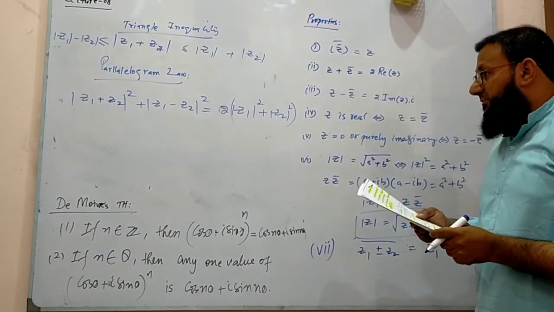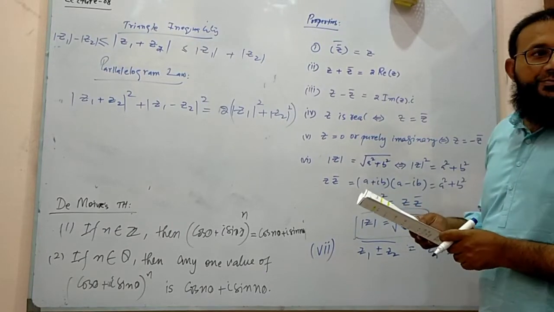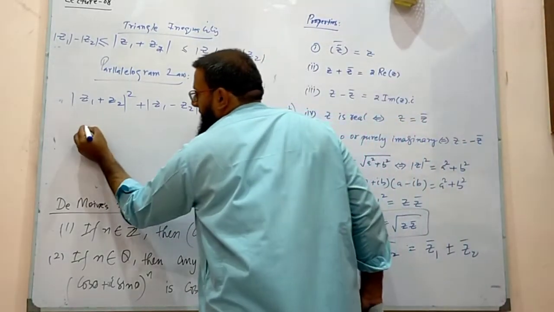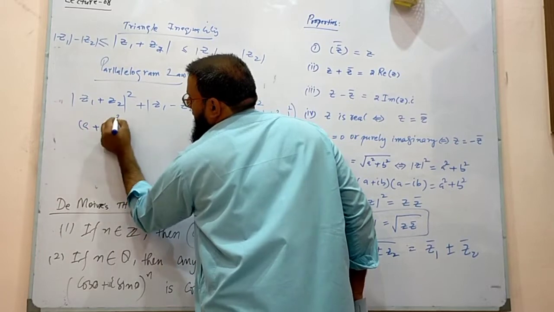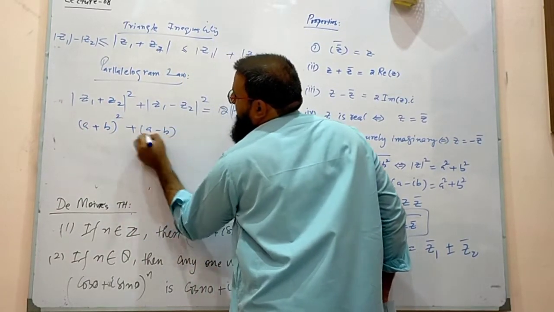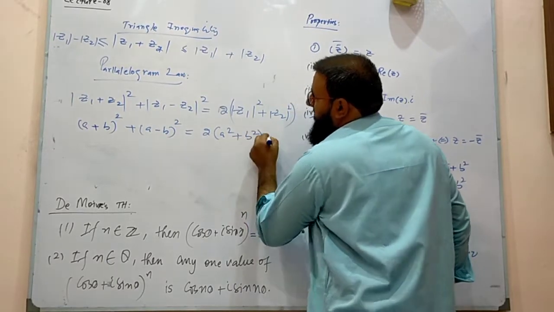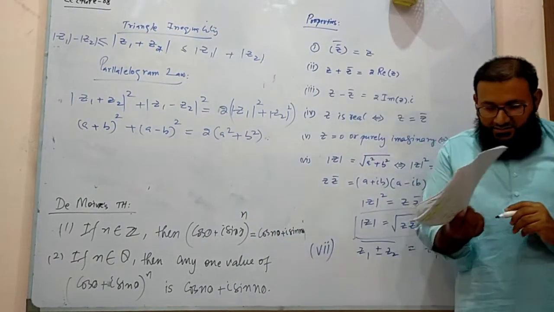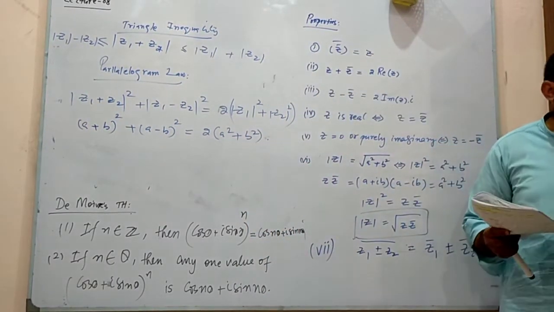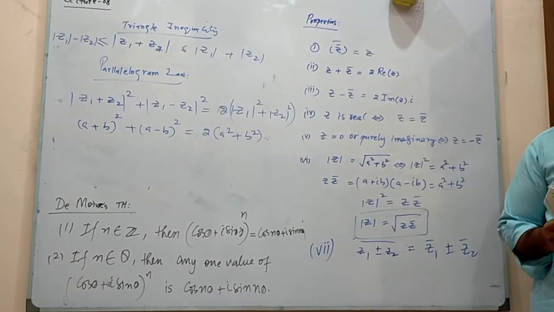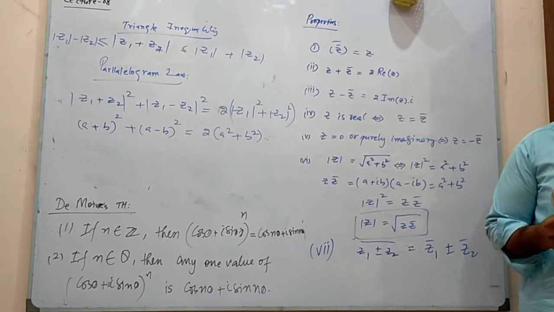This is what we call the parallelogram law. And if you want to compare this, it is better to compare with this formula: a plus b whole square plus a minus b whole square is 2 times a square plus b square. I think we do this in very basic classes.